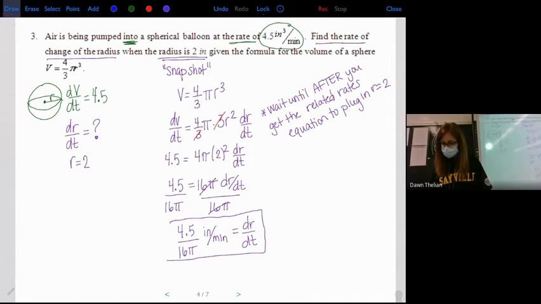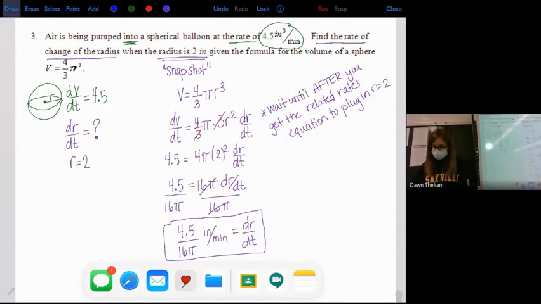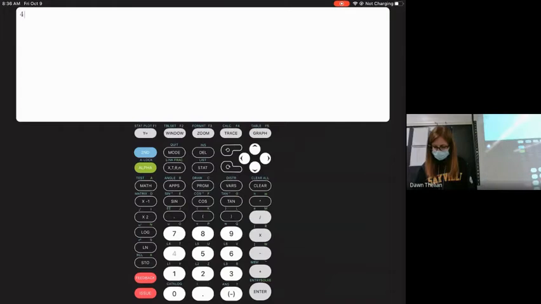But if I wanted to plug this into the calculator, a silly calculator error is to forget to put parentheses around the denominator. So we're doing 4.5 divided by parentheses 16 pi in order for the right order of operations to happen.